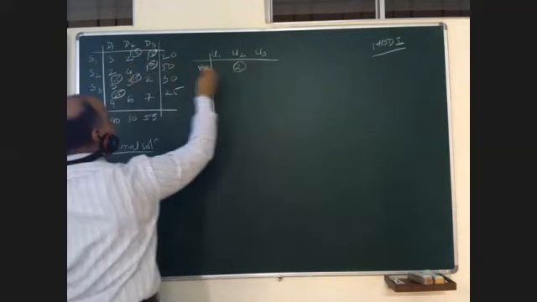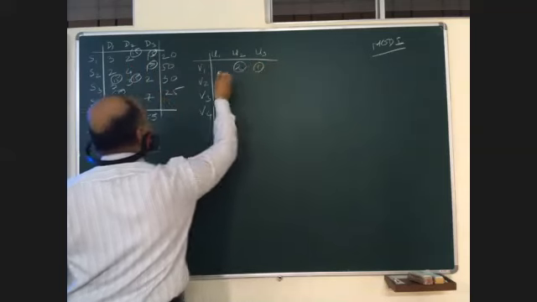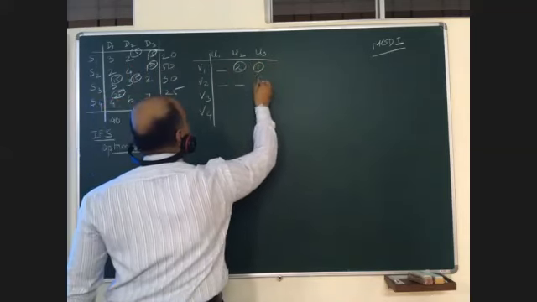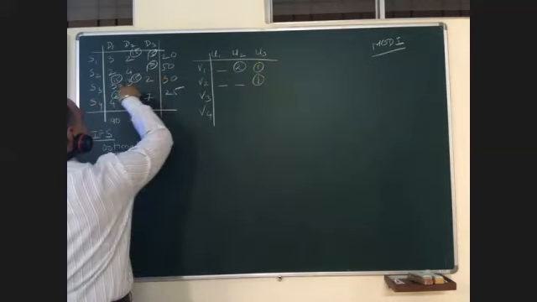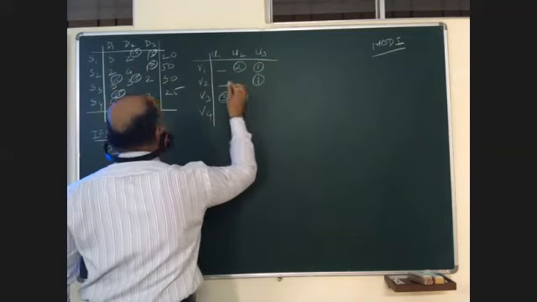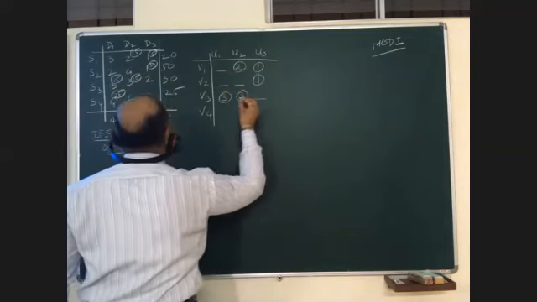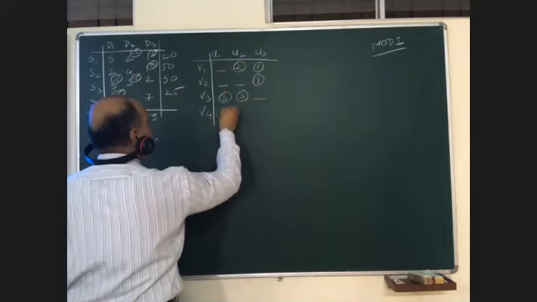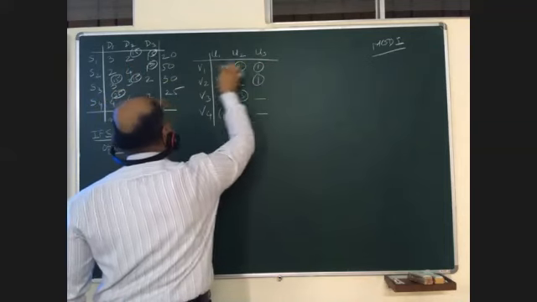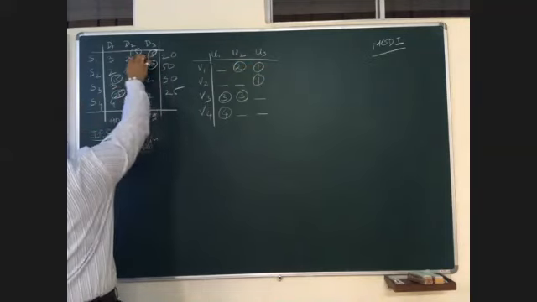2, 1, this is 1. I'm talking about cost. 3, 3. Check: 1, 2, 3, 4, 5, 6.